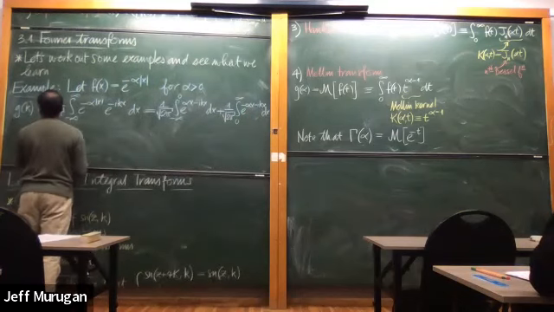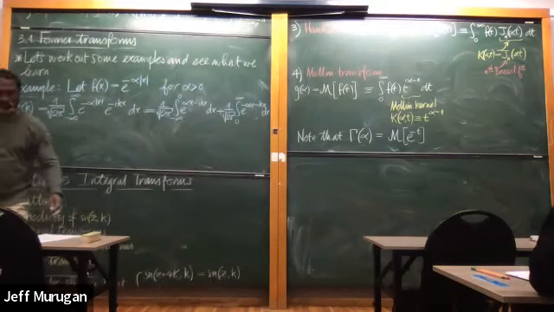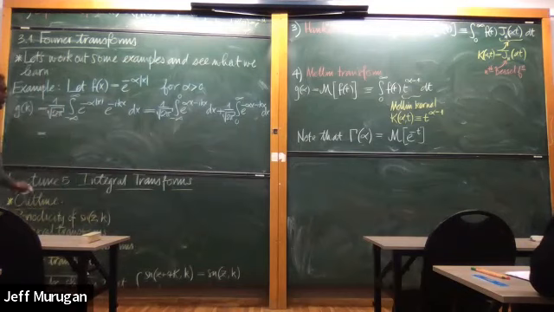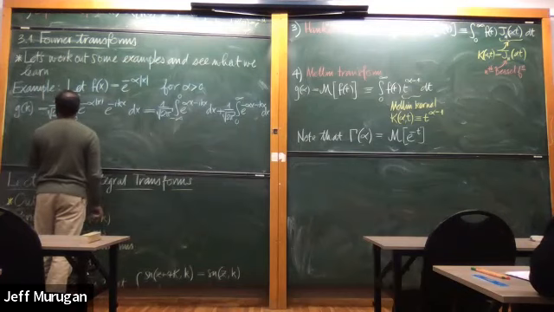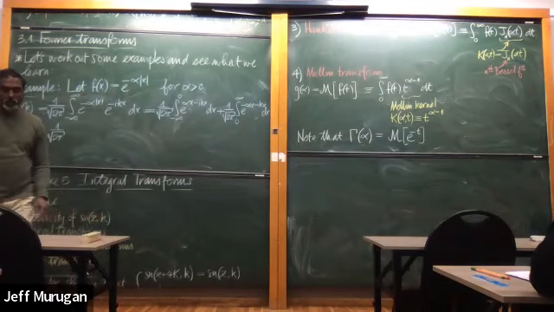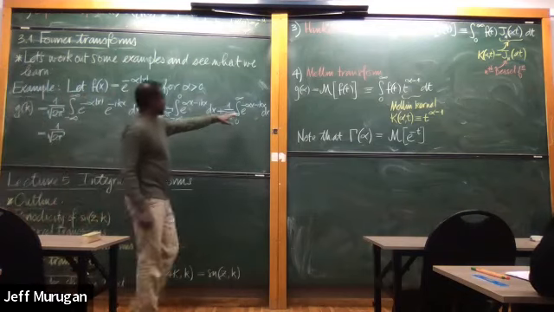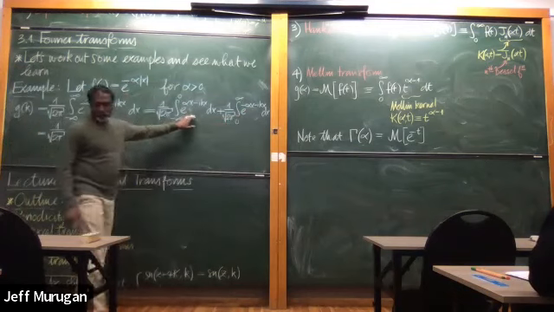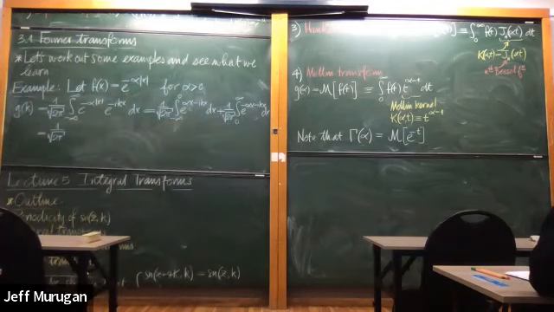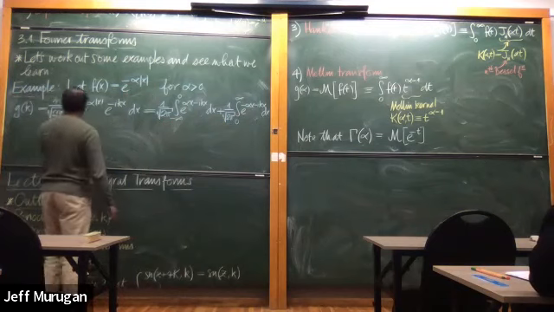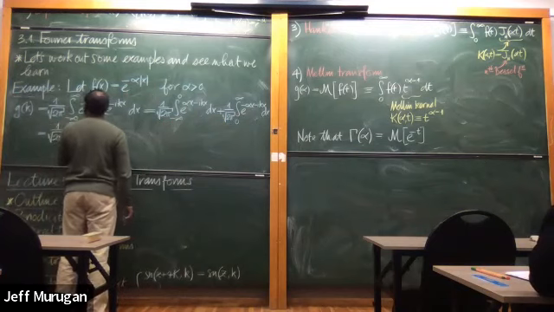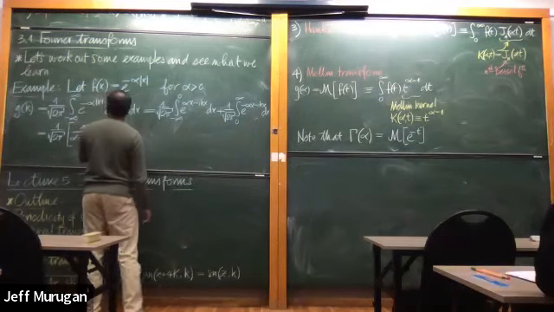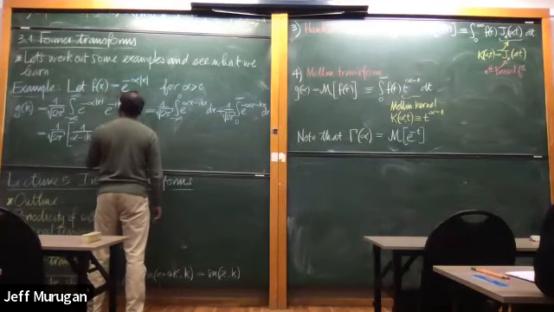What I will find is that this is just 1 over root 2 pi times 1 over alpha plus ik of this integral and 1 over alpha minus ik of that integral. So this is 1 over alpha minus ik plus 1 over alpha plus ik.